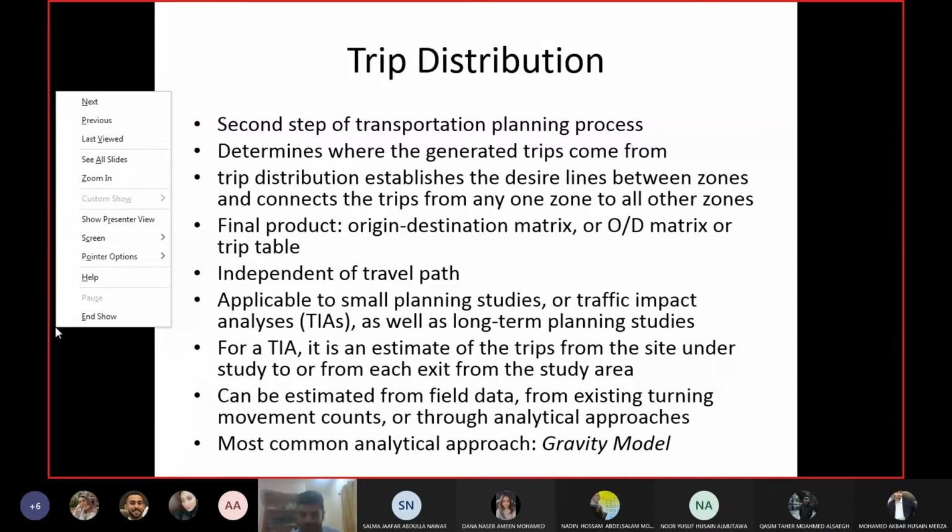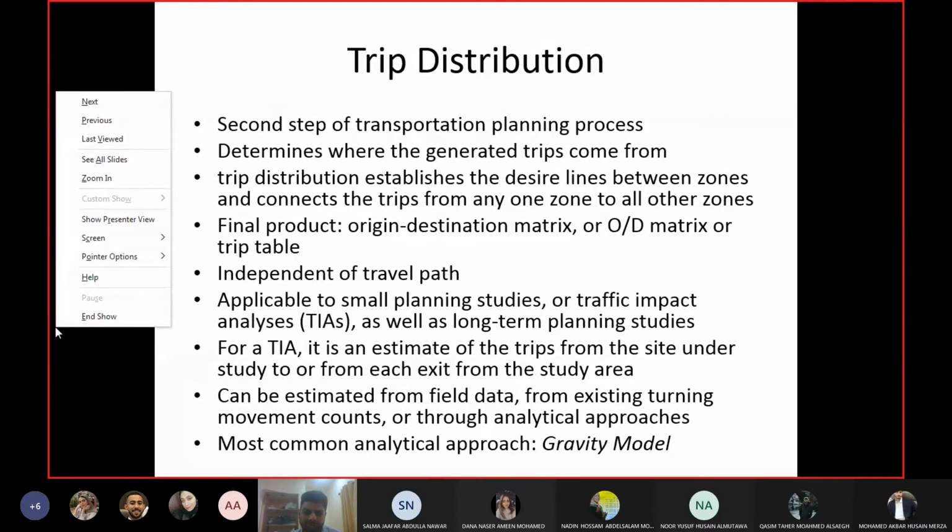If you are taking a right turn at the intersection, that means you are going towards the zone on the right hand side. If you are going straight, then you are entering some other zone. If you are taking a left turn, then you are going towards the zone on the left side, and so on and so forth. So you can find out the trip distribution using the counts in the field.